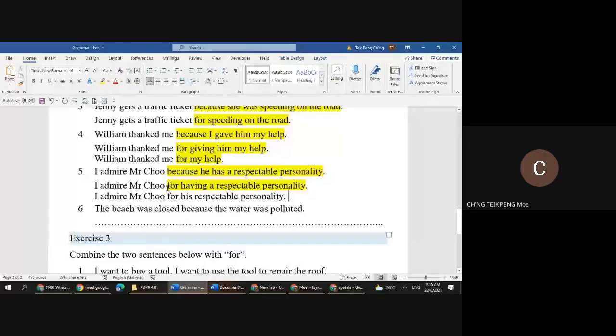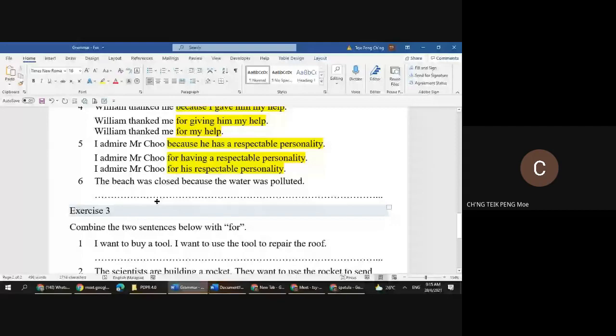Okay, now number 6. The beach was closed because the water was polluted. Polluted maksudnya, what do you call it? Dia jadi kotor lah, okay? Pencemaran, okay? The water was polluted maksudnya air itu dicemar. So you can rewrite it with the beach was closed, ditutup, for the polluted water.